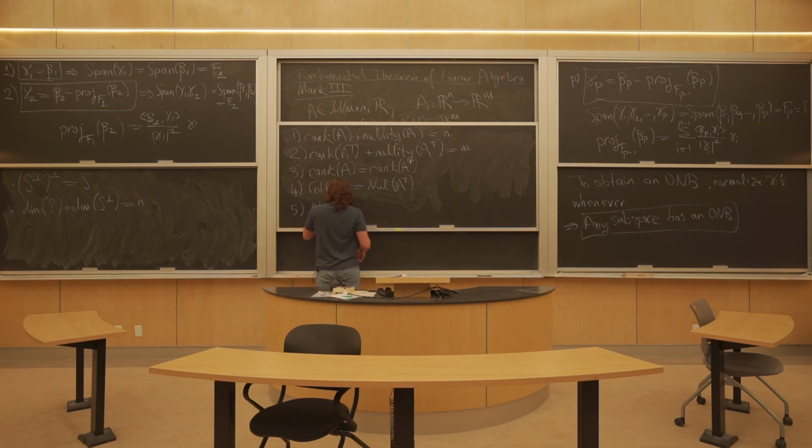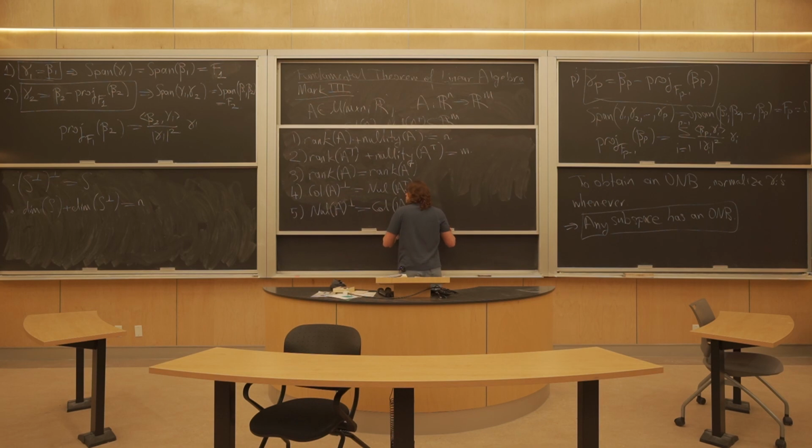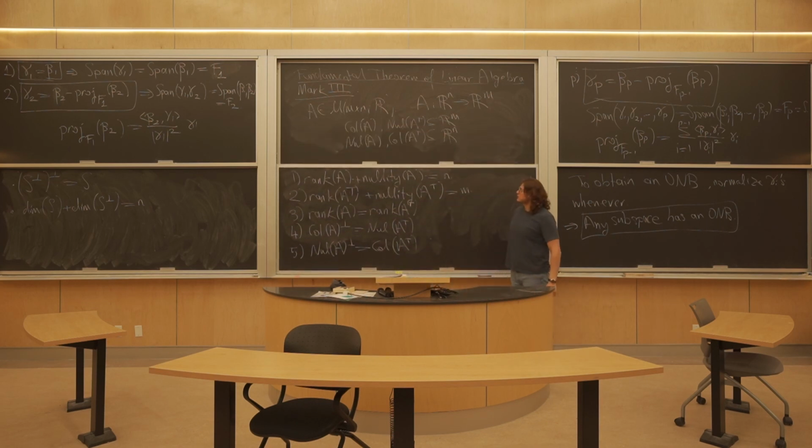Null space of A, perp, is the column space of A transpose. Okay? You see, this subspace and this subspace are both in Rm. So it makes sense to take the perpendicular of this. And it is believable, possibly, that when you take the perp of the column space of A, you get this other one. And of course, if I wanted, I could also write it like this.